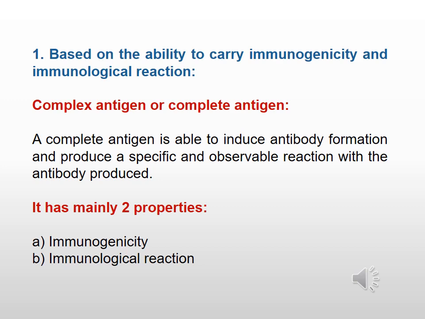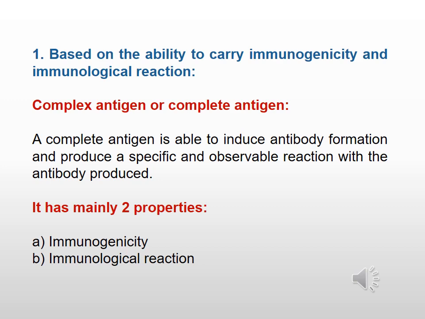So what are complete antigens or complex antigens? The complete antigen is able to induce antibody formation and produce a specific and observable reaction with the antibody produced. So mainly two properties. Number one, induce antibody formation, that means immunogenicity, that is production of antibody when the antigen is introduced into the body.